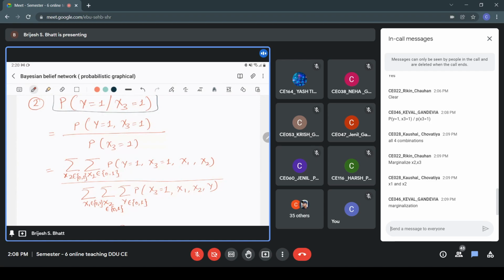You have four terms in the numerator and eight terms in the denominator. So please calculate and give me the answer, and ask me if you have any questions in between.